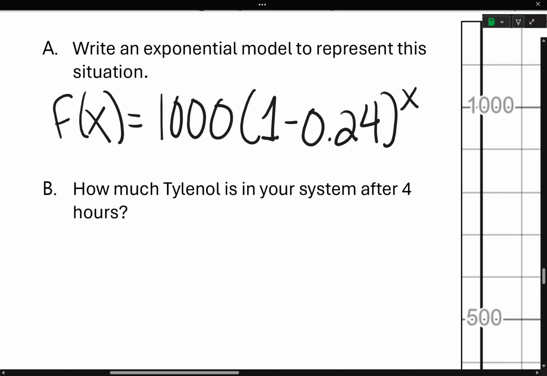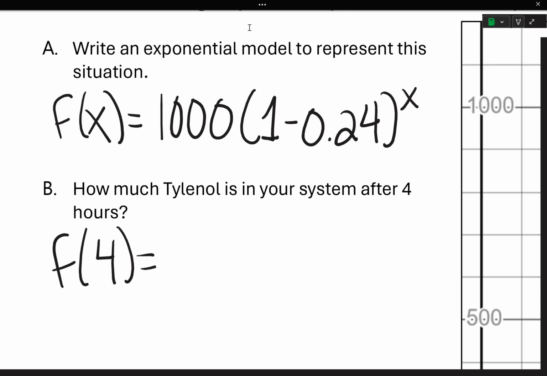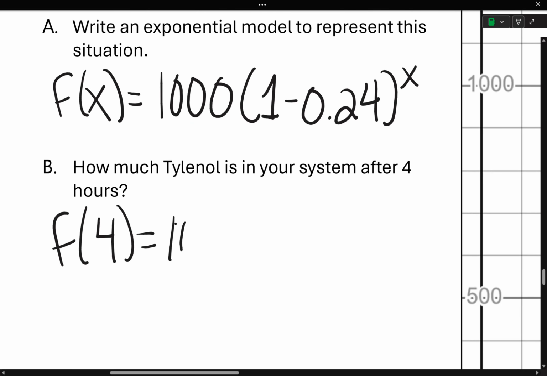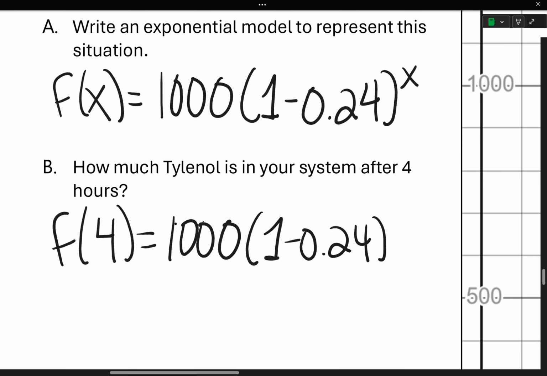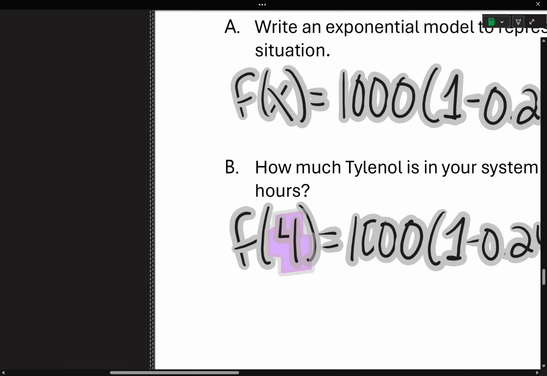Now, Tylenol, I believe, actually, I guess it depends on the milligrams you take. It's either 4 to 6 hours or 6 to 8. So let's see. After 4 hours, how much is left if we started off with 1,000 milligrams? After 4 hours, whoa, you see that?